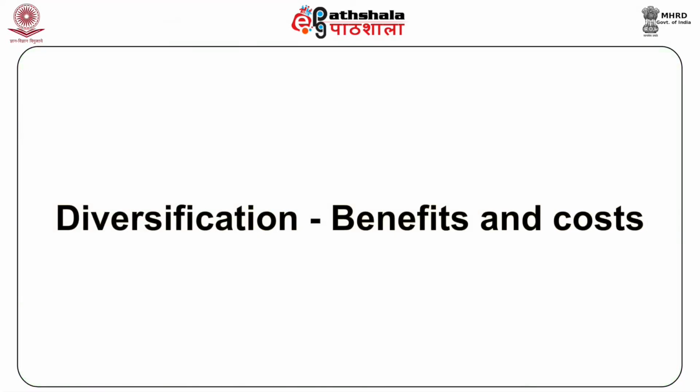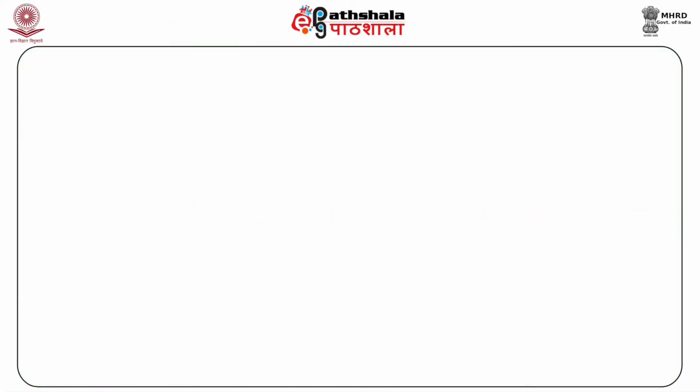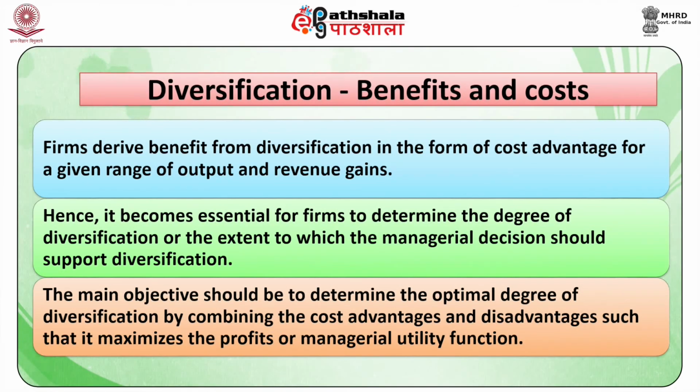Benefits and costs of diversification. Firms derive benefit from diversification in the form of cost advantage for a given range of output and revenue gains. Hence, it becomes essential for firms to determine the degree of diversification or the extent to which the managerial decision should support diversification.